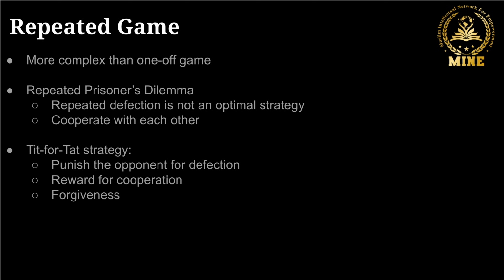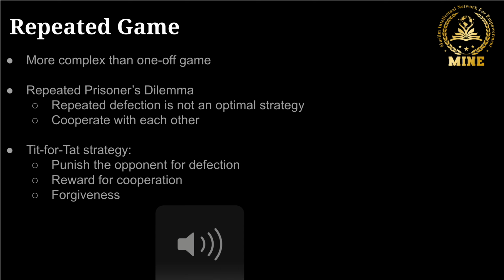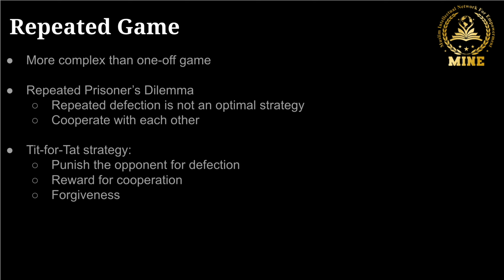Then you have another one, the tit for tat strategy. It's actually a strategy, not a game. That is to punish the opponent for defection and reward cooperation. So in the game, people have memories, so they can use the prior decisions of the opponent to either cooperate or punish them. And then forgiveness, if the consequence that you suffered in the previous round is not that big. So it can easily be interpolated to, let's say, the international arena, United Nations, or trade relations.